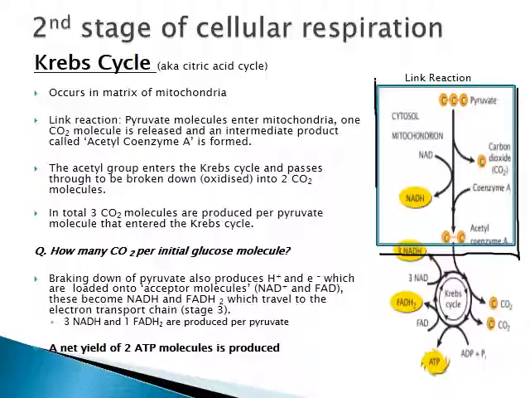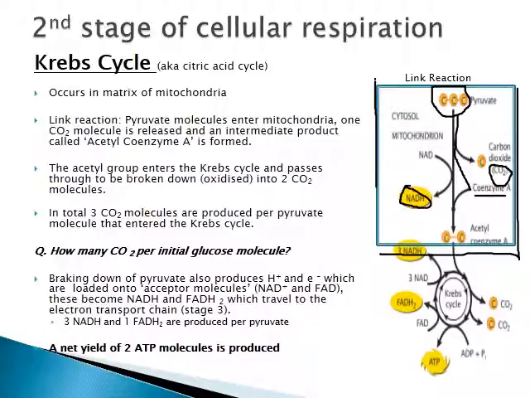So stage 2 of cellular respiration, like I said, pyruvate has entered the mitochondrial matrix. The pyruvate is then incorporated into a coenzyme called coenzyme A. So we've taken our pyruvate, and one pyruvate at a time is combined with coenzyme A, and in doing that, one carbon dioxide molecule is produced and some NADH is also produced.